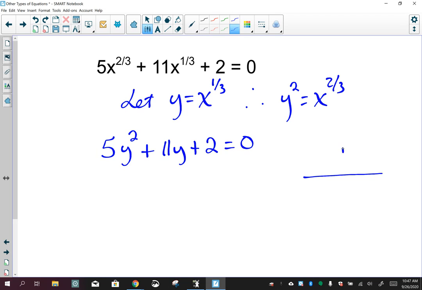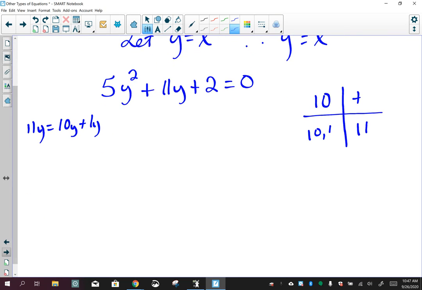I'm going to factor by grouping here. So factors of a times c that add to give me an 11. That's going to be 10 and 1. So my 11y is the same thing as 10y plus 1y. I'm going to rewrite my equation: 5y squared plus 10y plus 1y plus 2 is equal to 0.